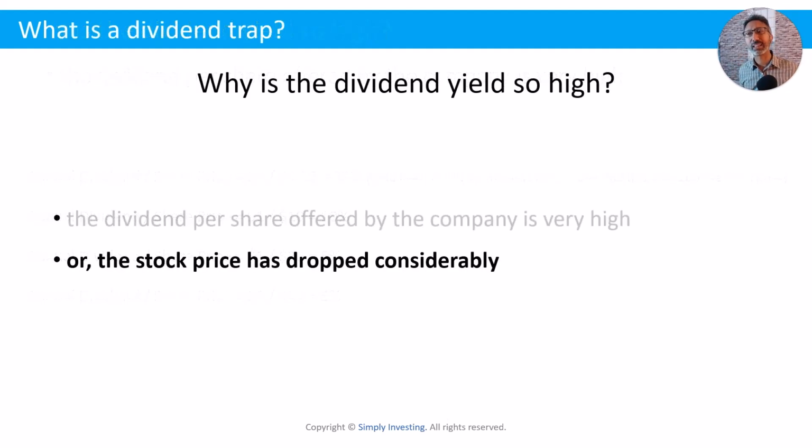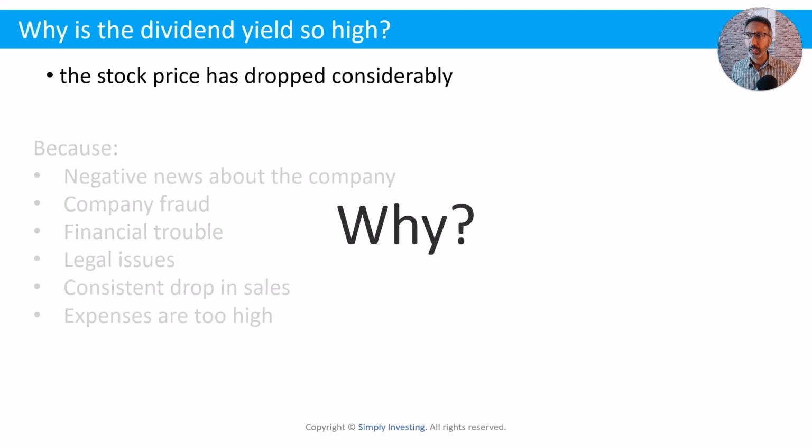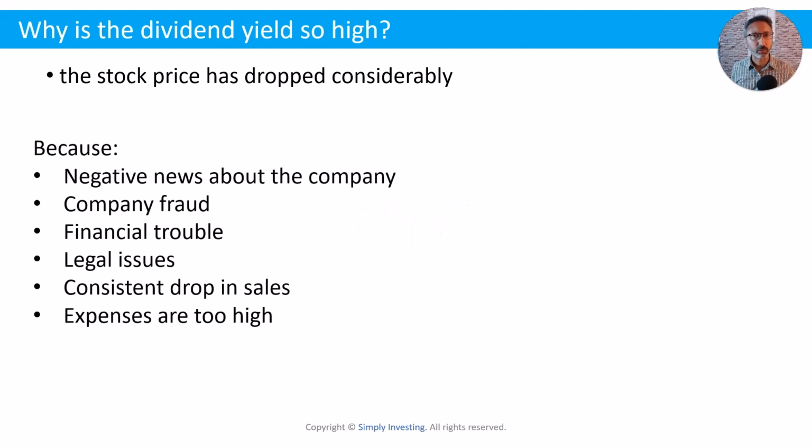Now, let's take a look at the second reason. And this is the one that should concern all of us. And this is where the stock price has dropped considerably. So why would a stock price keep going down for any given stock? There's a number of reasons, right? There could be news about company fraud, like we saw with Enron and other companies throughout history.